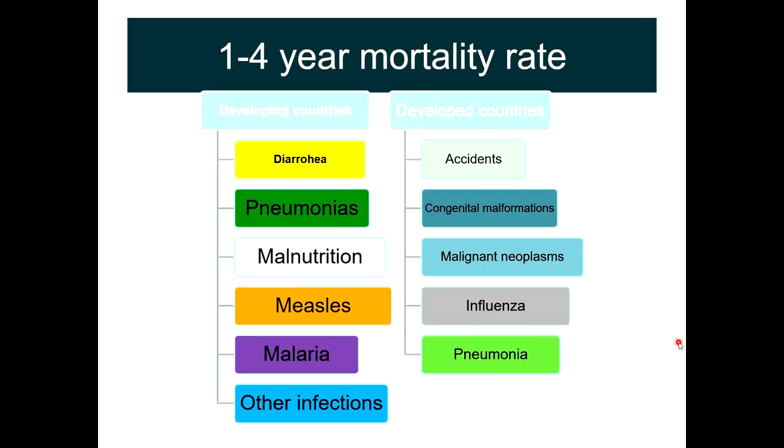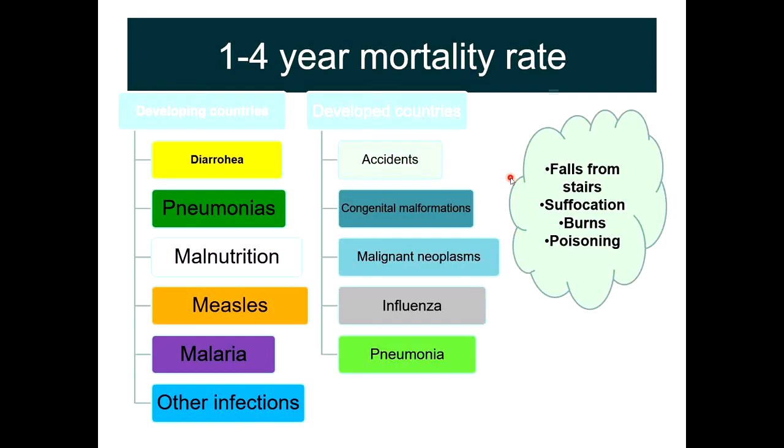Again, the major killers in developing countries are the infectious diseases. But when you compare it with developed countries, congenital malformations, neoplasms, and accidents are the causes of these children's deaths.